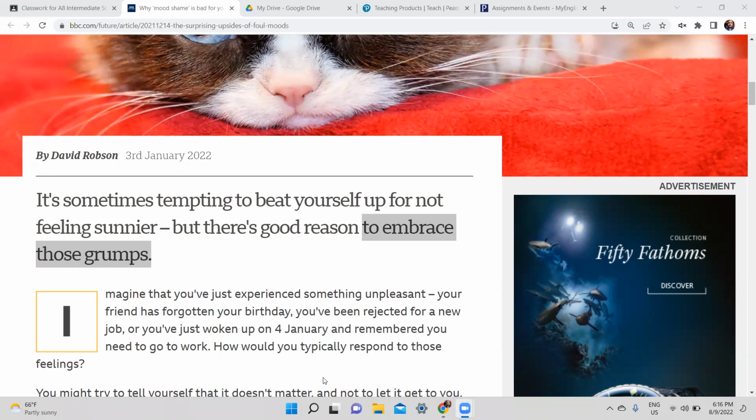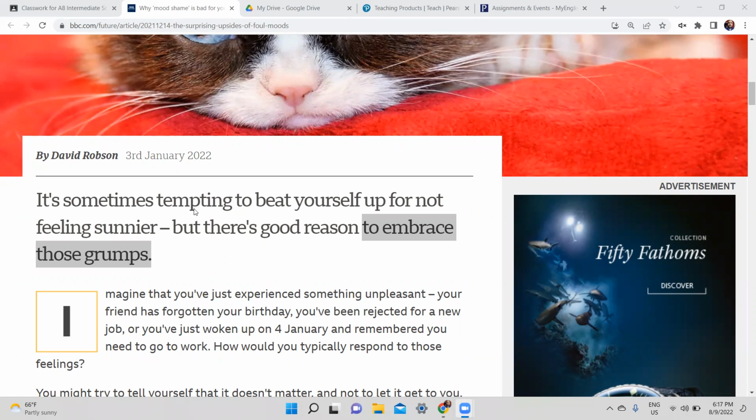Okay. That you include your personality and you accept it because that's the way you are. Okay. So to embrace those grumps, it means that you have to accept those grumps and you have to accept that you are angry and it's not bad to be angry because you don't have to smile every time. All right. And that's also the first part.